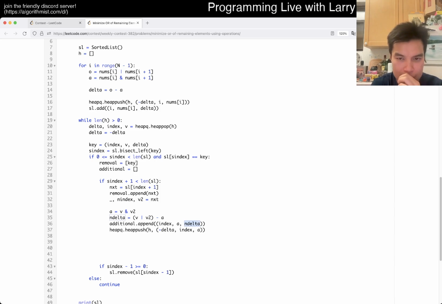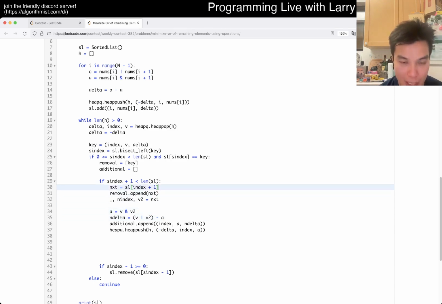No. Focus. I think this is wrong. Because then now its index was 2, isn't it?